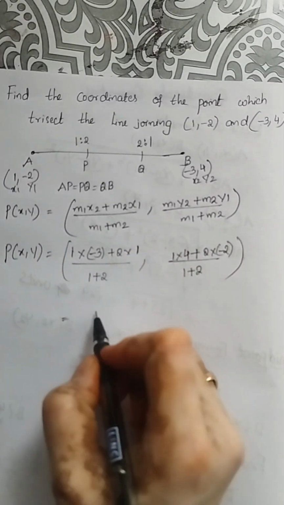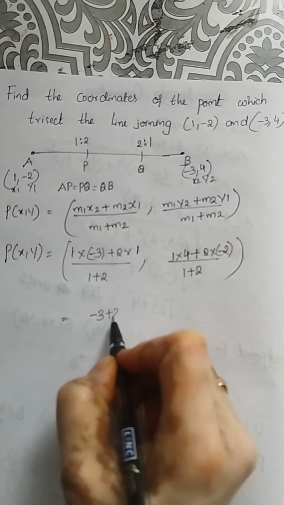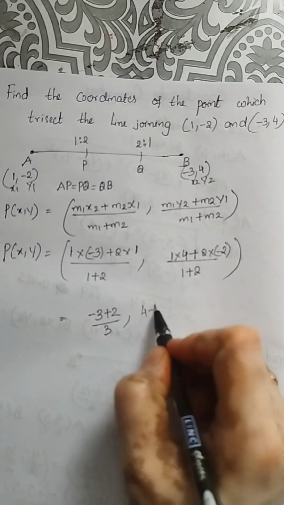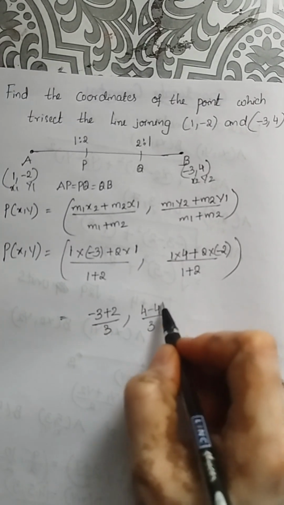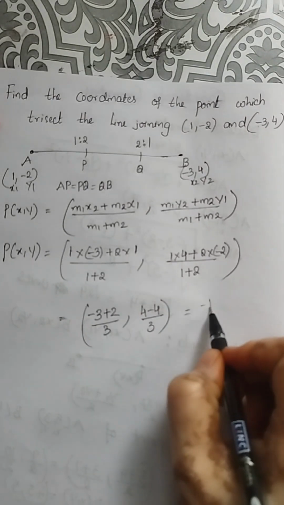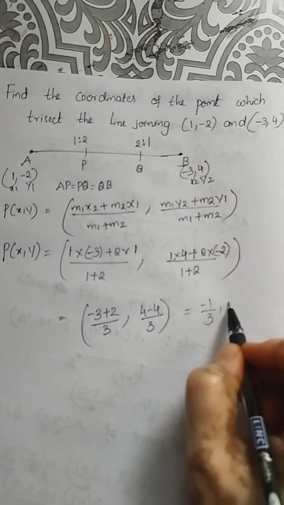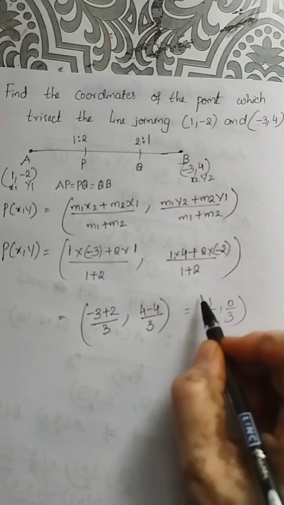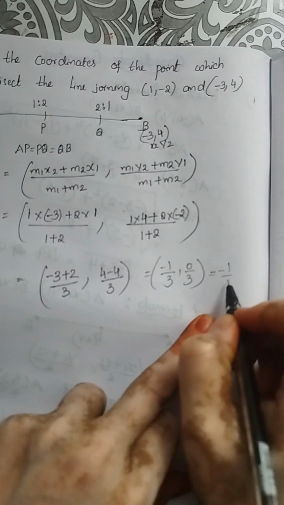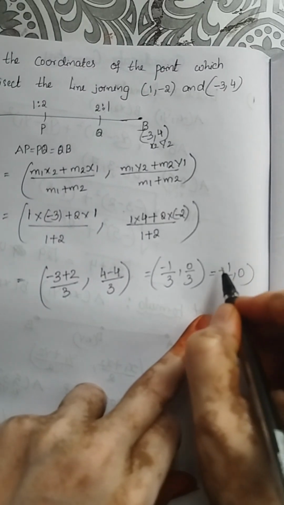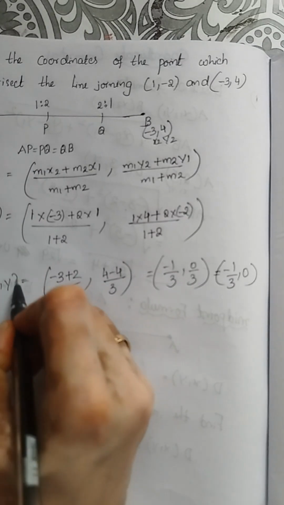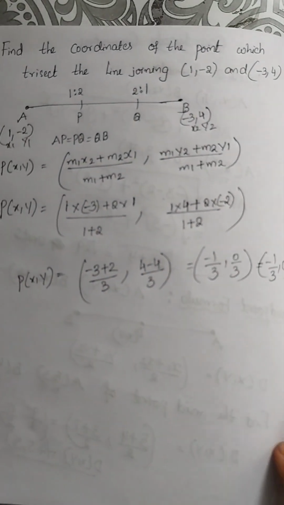So minus 3 plus 2 by 3, comma 4 minus 4 by 3. This term you will get 0 here, so this is minus 1 by 3, and 0 by 3 is nothing but 0 only. So the coordinates I am getting are (minus 1 by 3, 0). Okay, this is P (x, y). This is a very important model.